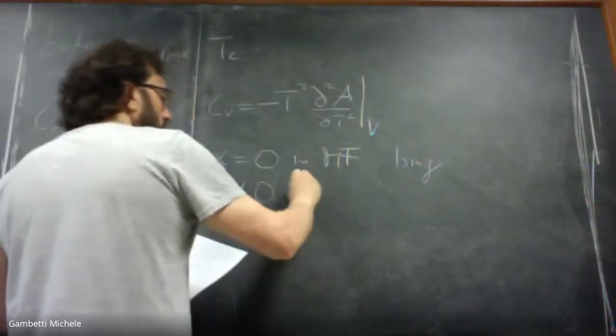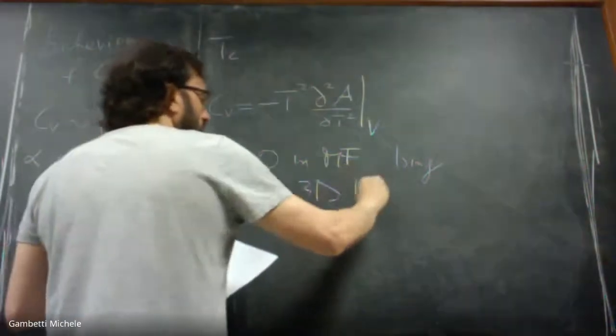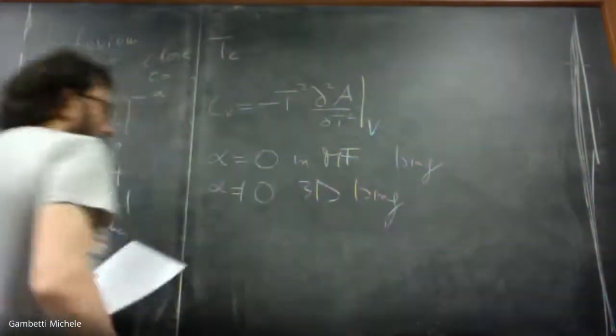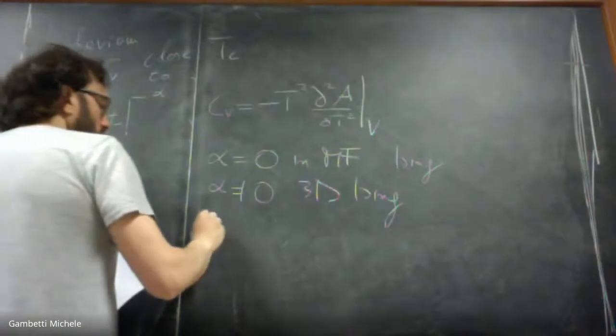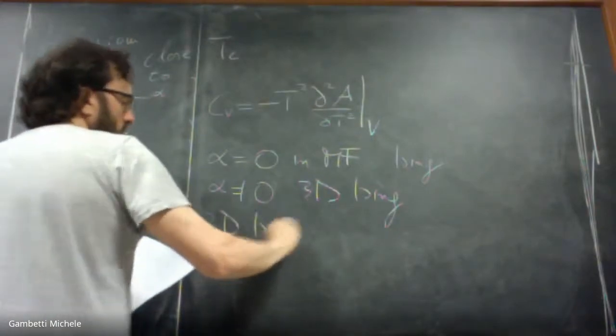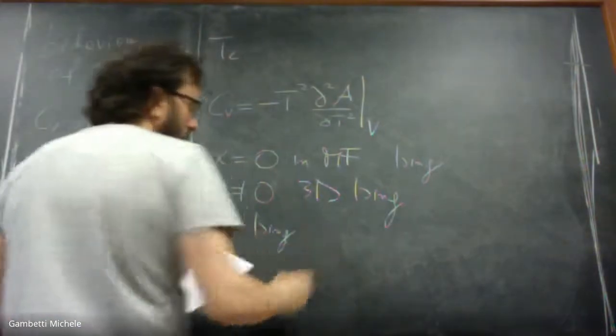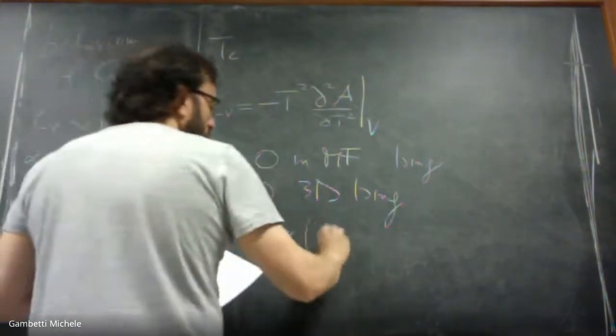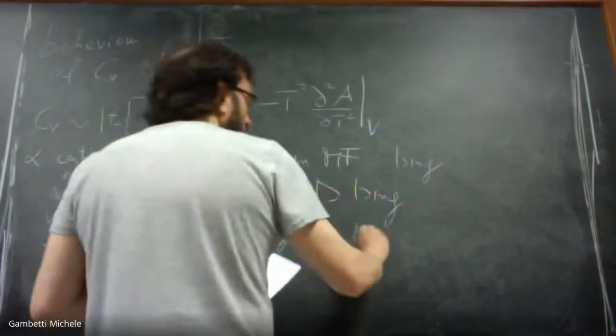In two-dimensional Ising, alpha is 0, but actually CV has a logarithmic divergence.